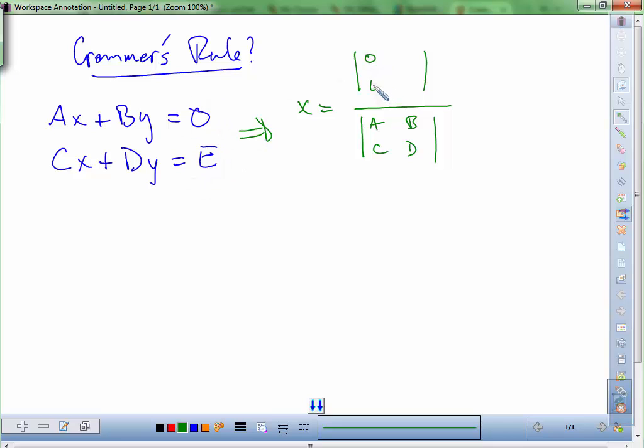So 0 and E. And then B and D. These are determinants, right? So we got this is the number 0, so we got 0 times D and then E times B, divided by this thing. Well, we can figure that out. This is AD minus CB, BC.